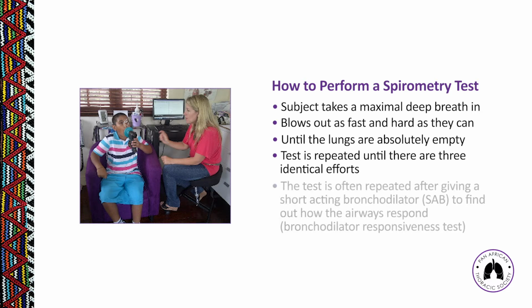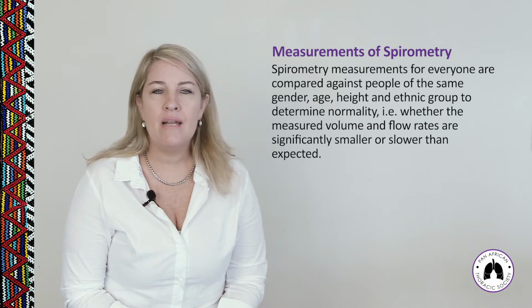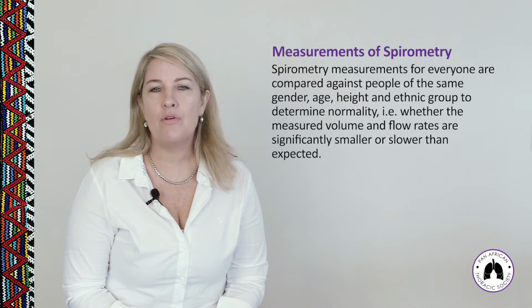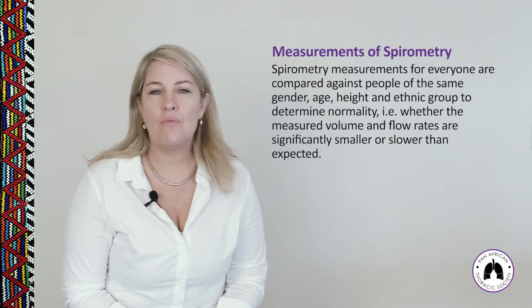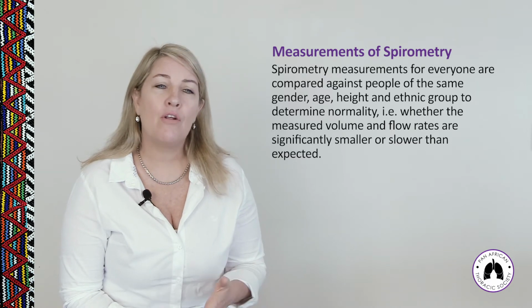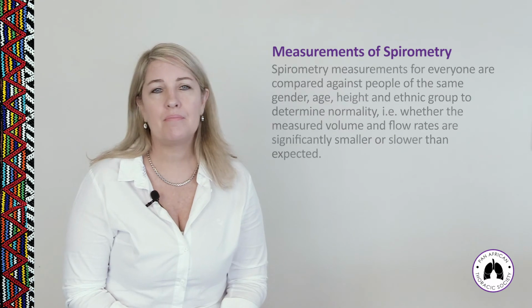The test is often repeated after giving a short-acting bronchodilator to find out how the airways respond to that type of medication, and this is called a bronchodilator responsiveness test. Measurements of spirometry for everyone are compared against people of the same gender, height, ethnic group and age to detect normality, i.e., whether the measured volume and the flow rates are significantly smaller or slower than expected.